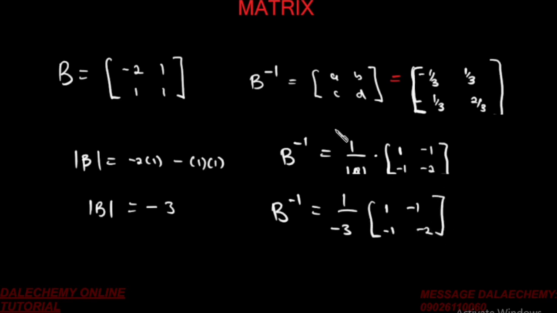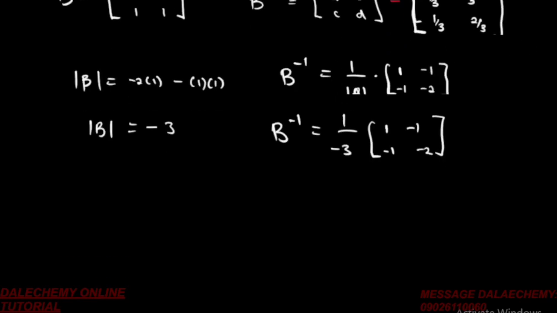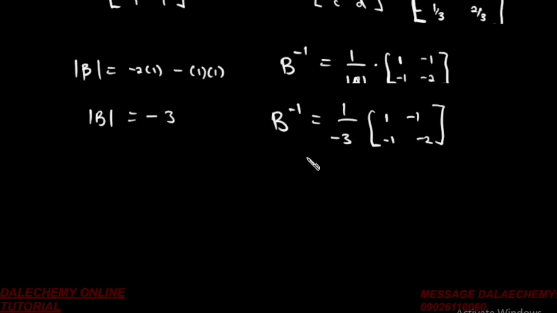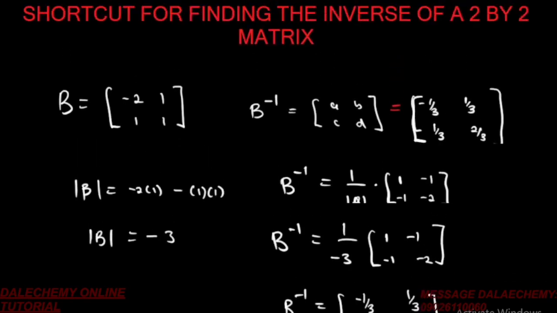Now let us see if it is equal to what we got up here. When you open the bracket, you are going to get B inverse equal to: this times minus 1 is minus 1 over 3, this times minus 1 gives us 1 over 3, and this times minus 1 gives us 1 over 3, and this times this gives us 2 over 3. So that is just the shortcut of finding the inverse of a 2 by 2 matrix.